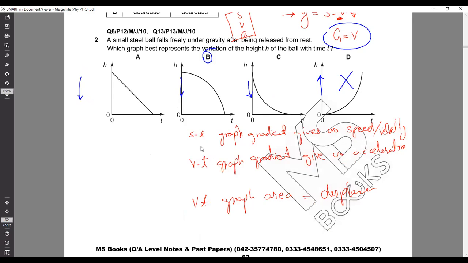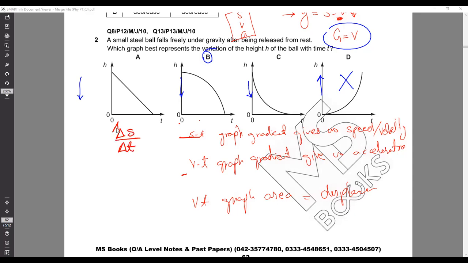A distance time graph gradient actually gives us the speed. How to know that? Gradient is always change in y over change in x. So when you write for distance and time, the change in y is the change in distance, and the change in x is the change in time.